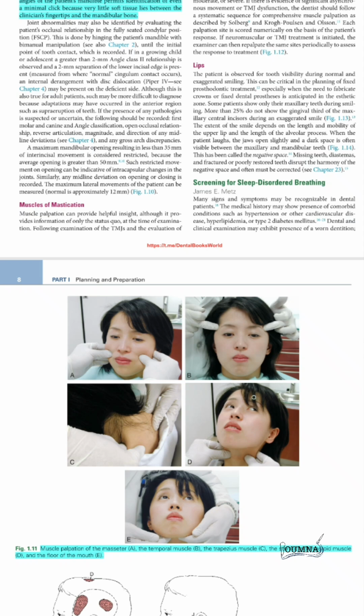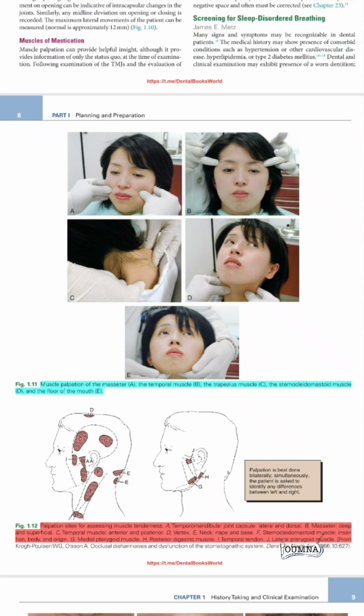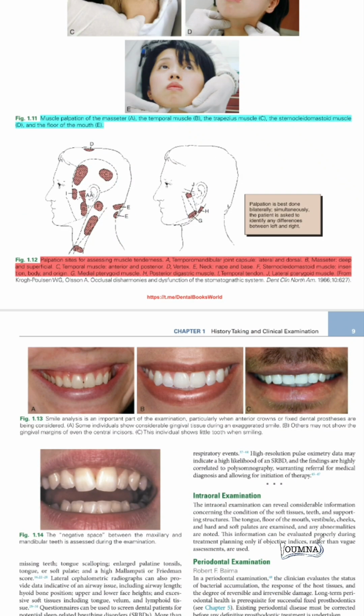Now for the muscle palpation, we palpate several muscles: the masseter, the temporalis, the trapezius muscle, the sternocleidomastoid muscle, and the floor of the mouth.